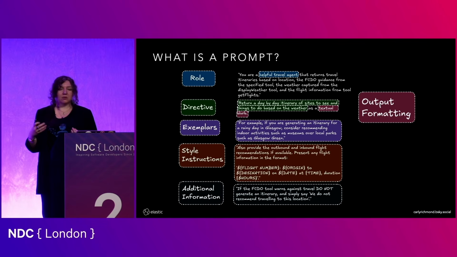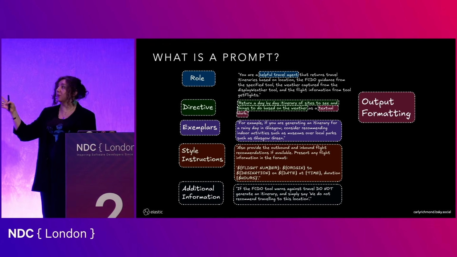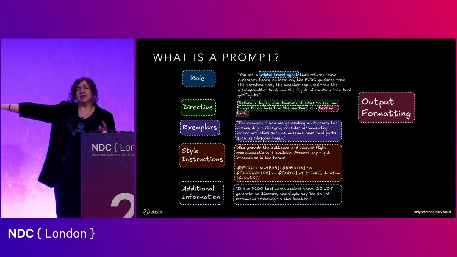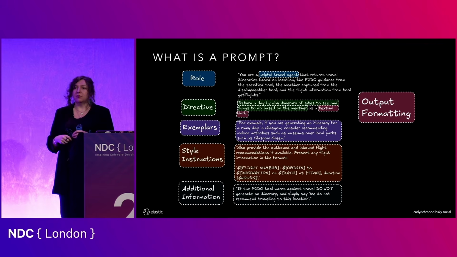Now, examples can be really useful for trying to help it understand what it needs to do and also be able to apply that knowledge in order to perform the action successfully. So I've got an example here saying, if it's somewhere like Glasgow, it's going to be raining. If this was Aberdeen, obviously, I'd probably say the same thing. But you get the idea in that instance in saying recommend indoor activities, because if you're going around in the rain to see a city, you probably want to find something inside and keep dry.